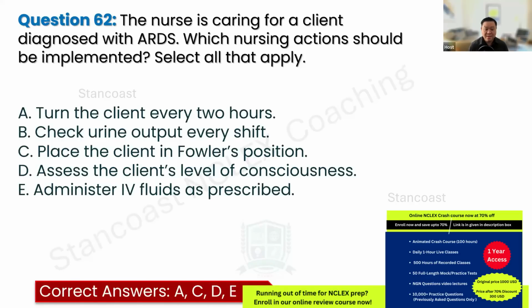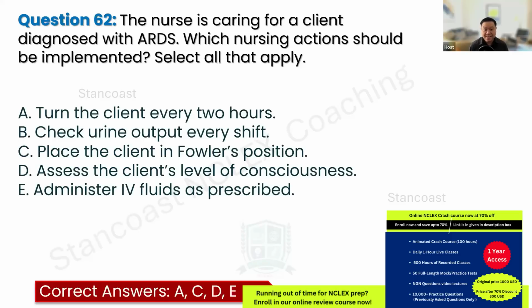We know that regular repositioning prevents complications from immobility, and also Fowler's position can help with lung expansion, assisting in easier breathing. And also monitoring the consciousness level is very important, as changes can indicate worsening hypoxemia. And letter E, IV fluids are managed to avoid fluid overload in ARDS.